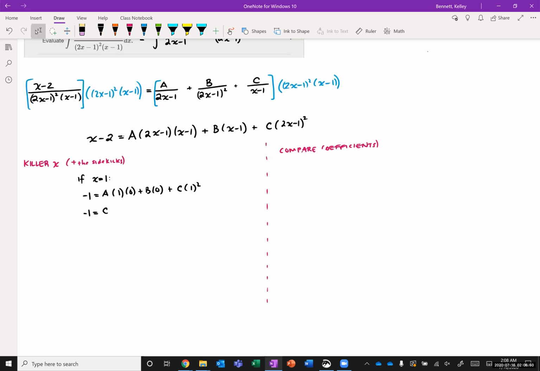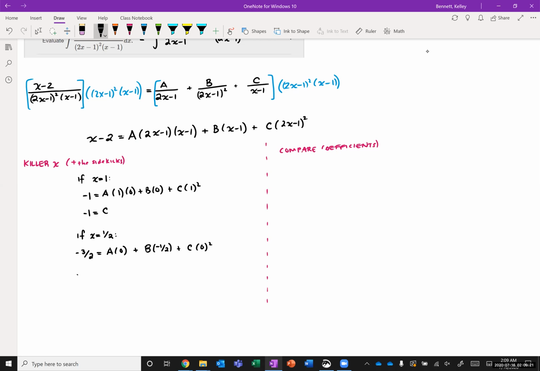Our next killer x is 1/2. So if x equals 1/2, then I get 1/2 minus 2, which is negative 3/2. I get a by 0 times negative 1/2, okay, whatever. And then I get plus b times negative 1/2 plus c times 0 squared.